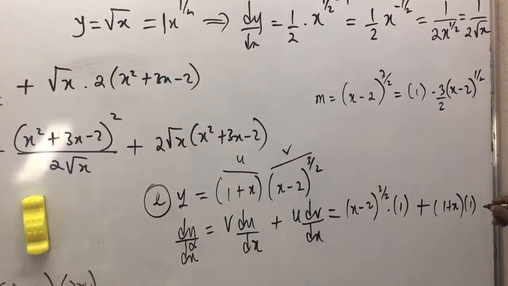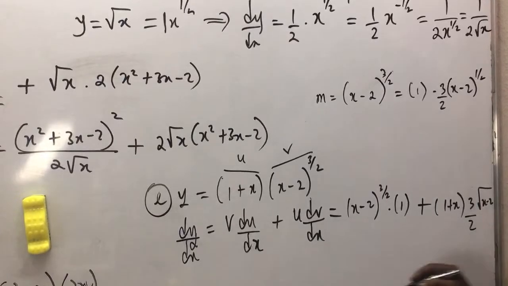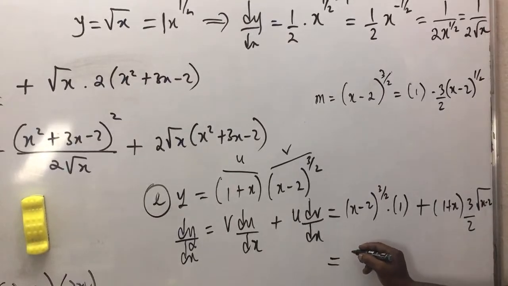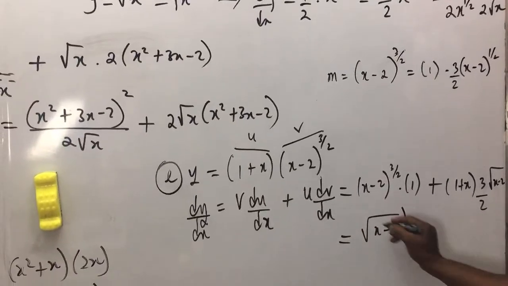So your result here will be the square root of x minus 2, which is x minus 2 raised to power half, all times 3 over 2. Okay? Now when you simplify this result, you end up having the square root of x minus 2 raised to power 3.